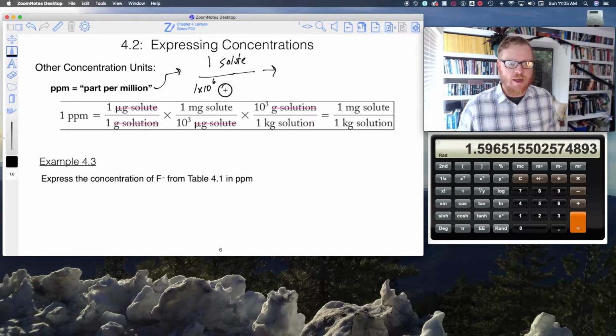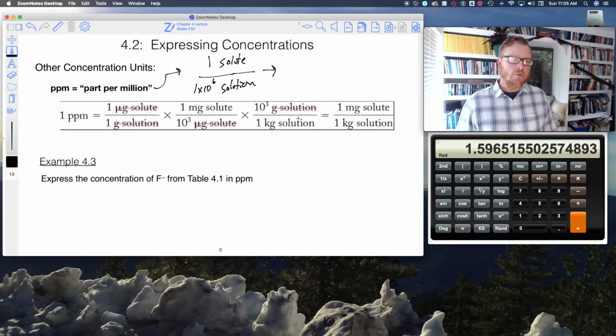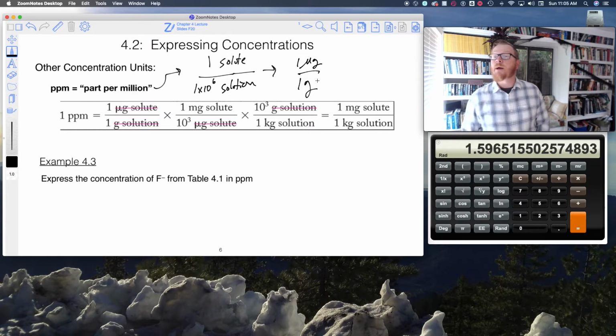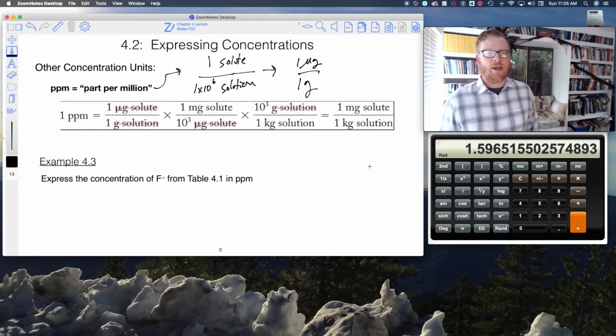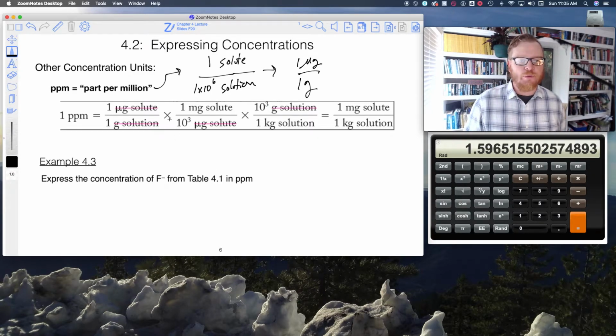Really, more correct to say solution. I could also then say, well, if I have 1 microgram of solute, that's the same ratio as 1 gram per solution, okay?